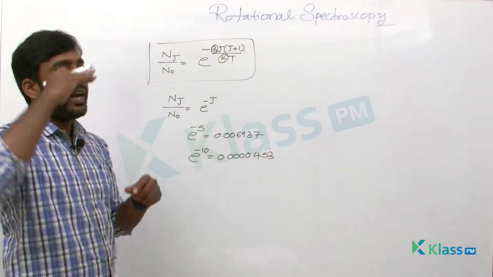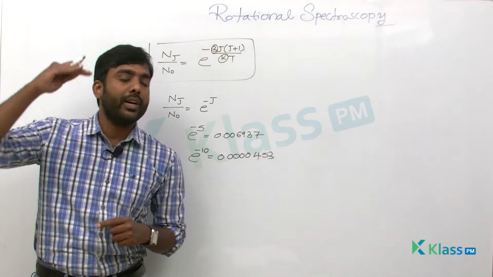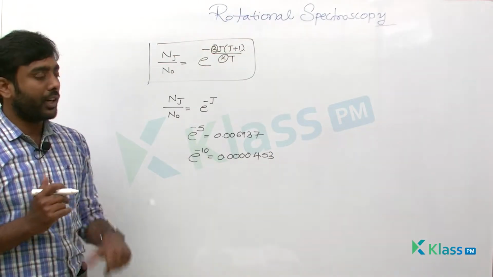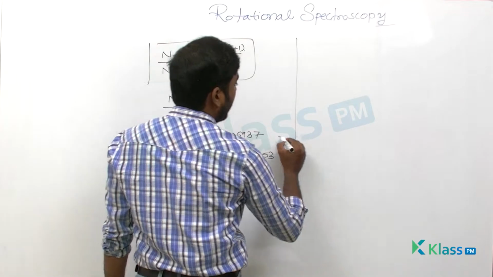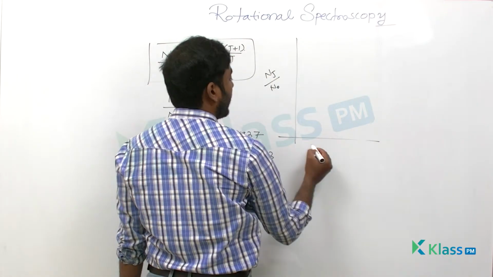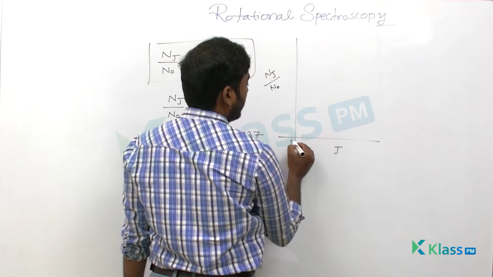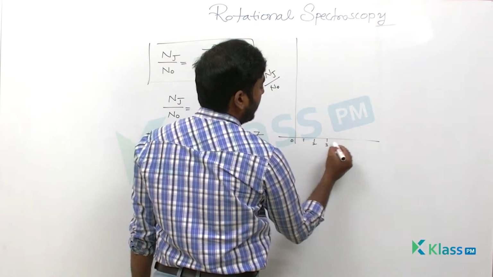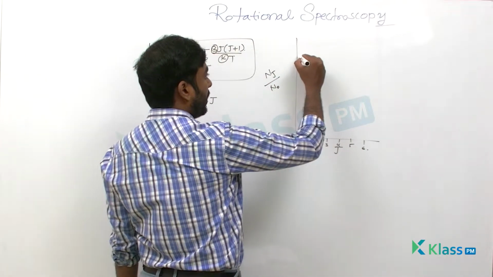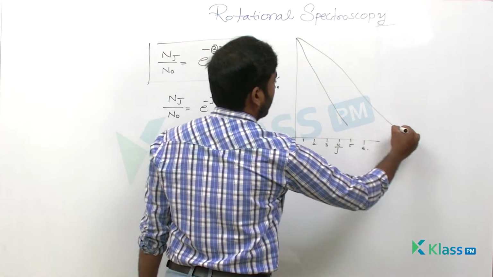So at higher energy levels, as j value increases, the population of molecules also decreases. This is one conclusion. If we draw a graph for this, here I have taken nj by n naught on the y-axis and j value on the x-axis, that is 0, 1, 2, 3, 4, 5, 6. So what I got is a graph like this and a graph like this.